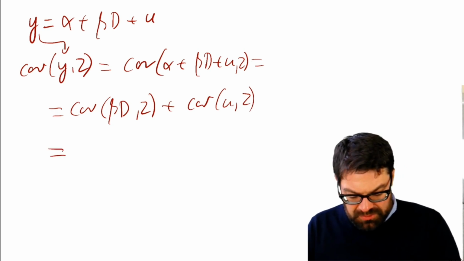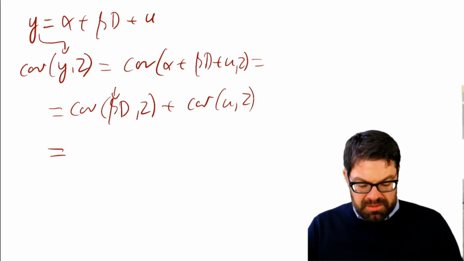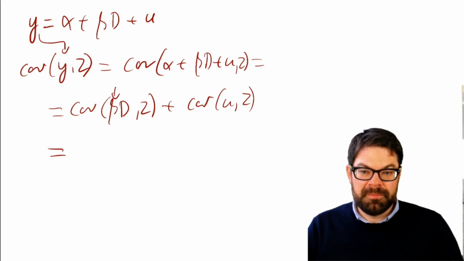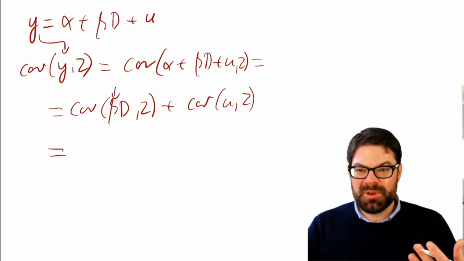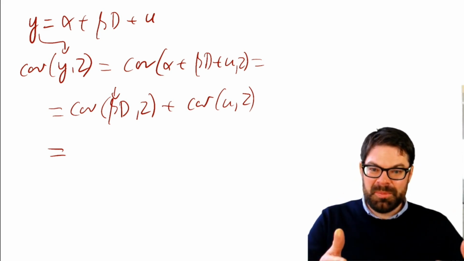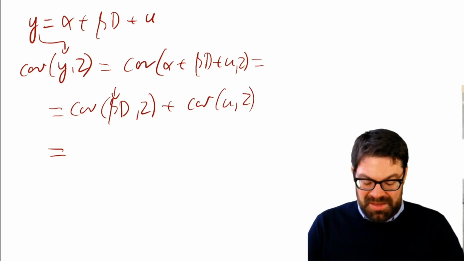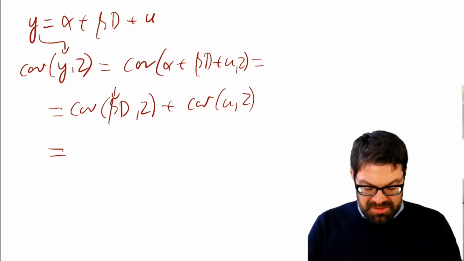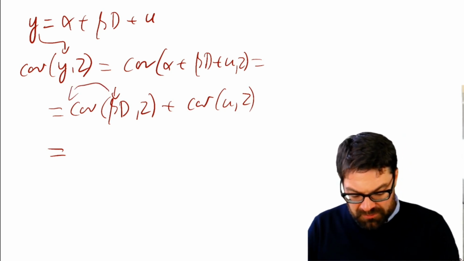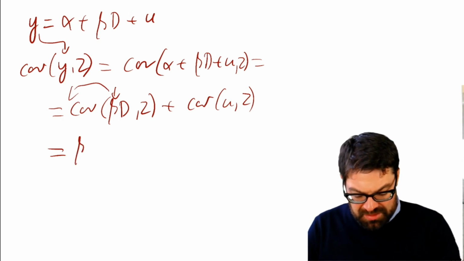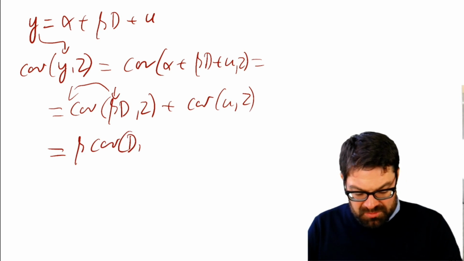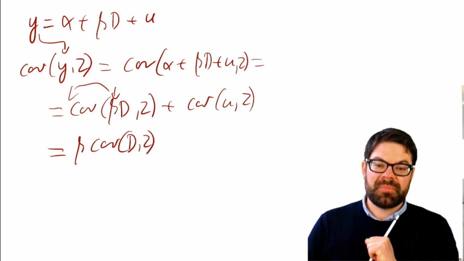Now, beta here is a scalar. It's the population parameter. It's the relationship in the population that we want to study, and there is only one, so it's deterministic. So beta is a constant, so we can pull it in front of the covariance. So that's beta times the covariance of the instrument and the treatment.